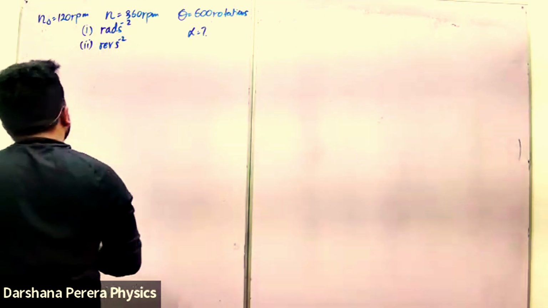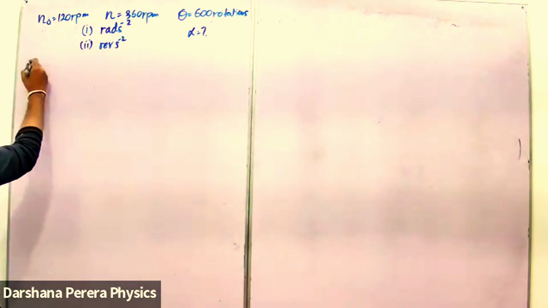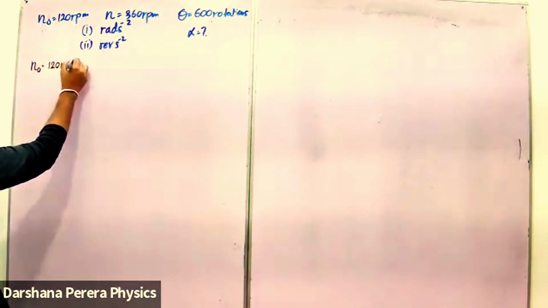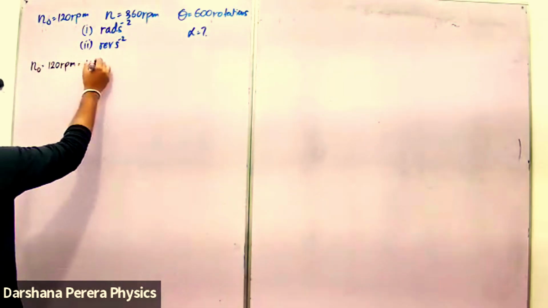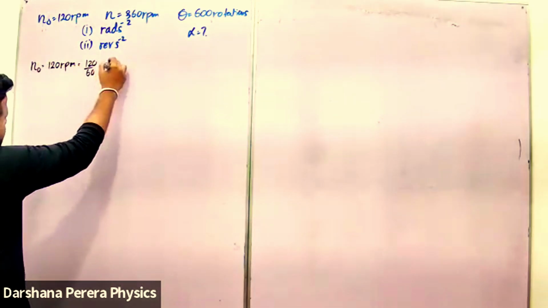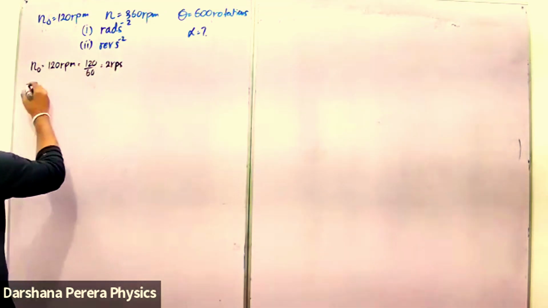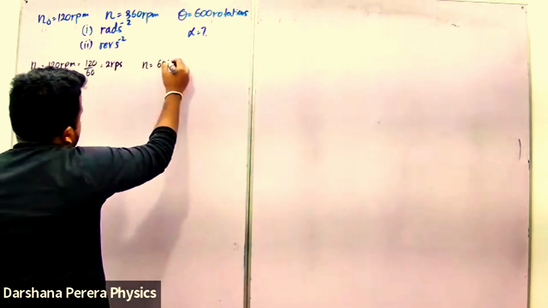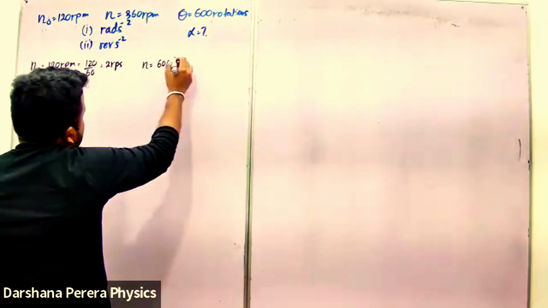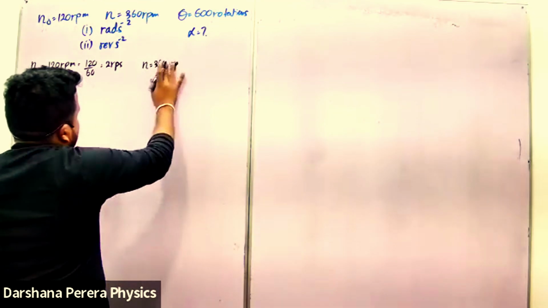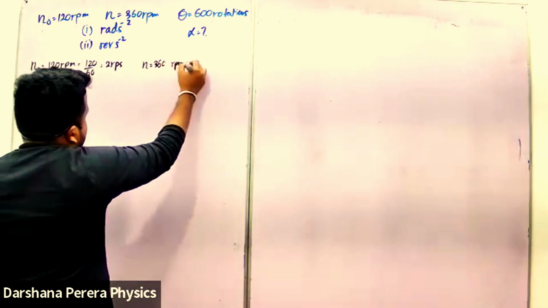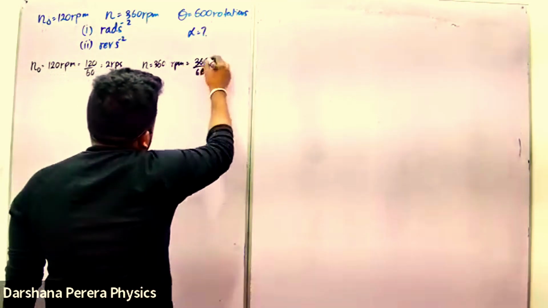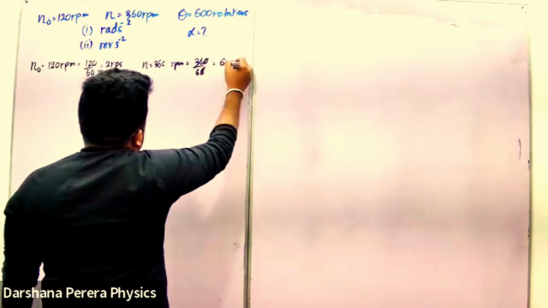In the first case, we are converting n naught equals 120 rpm to rps, divided by 60. 120 divided by 60 means 2 rps. In the same way, 360 rpm, 360 over 60, that means 6 rps.